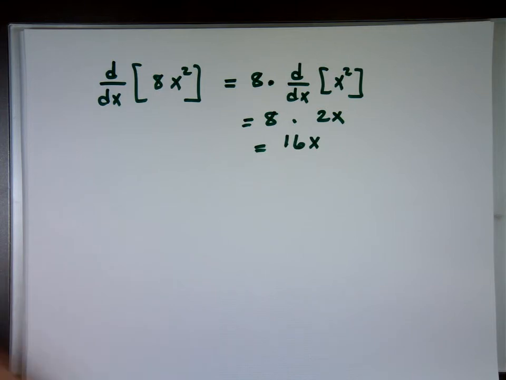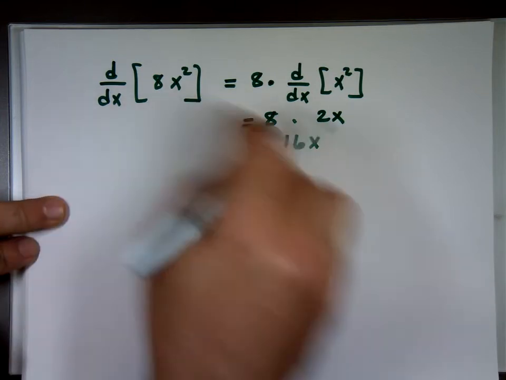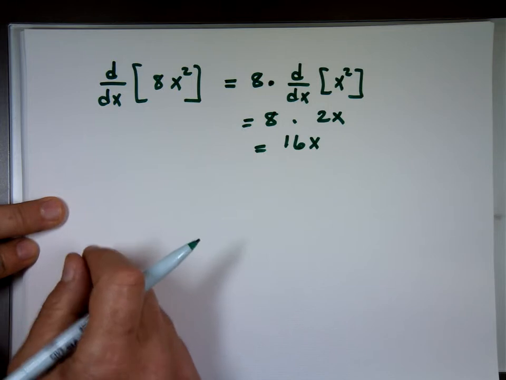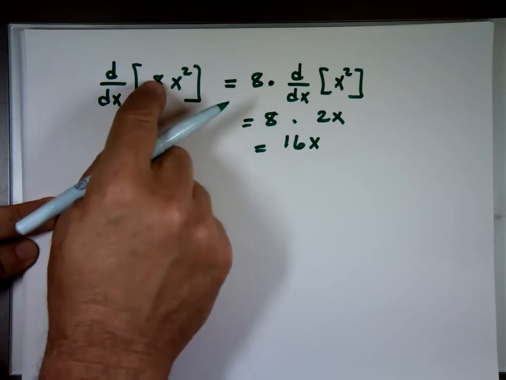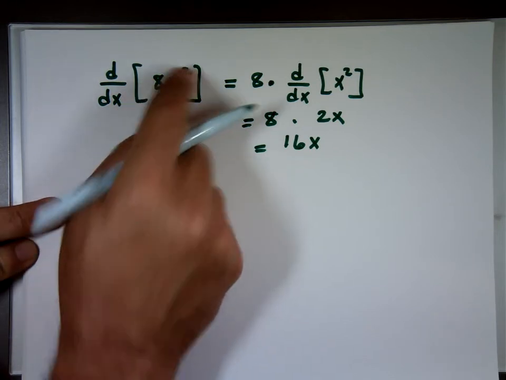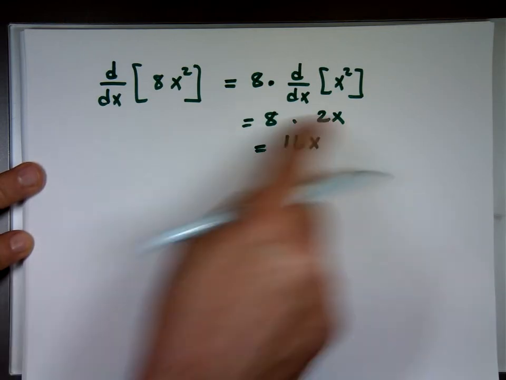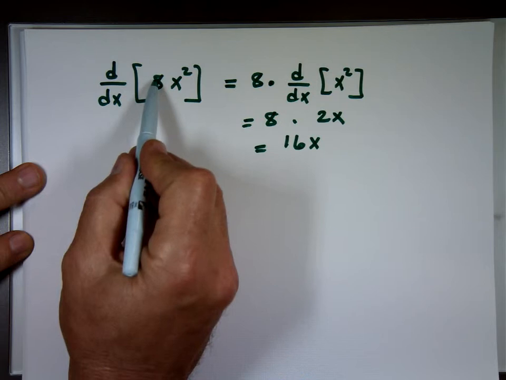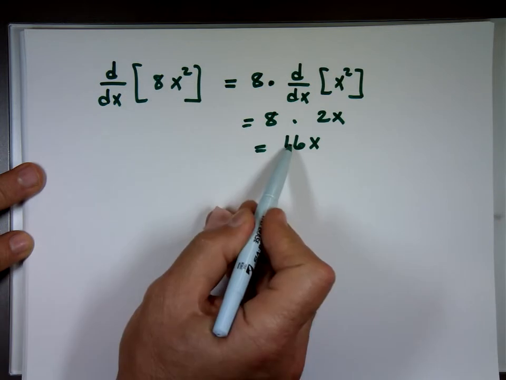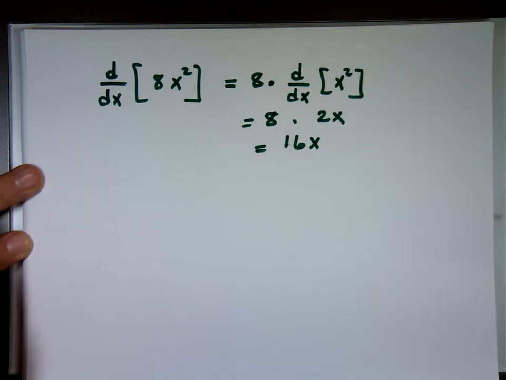Now, a lot of people don't want to go through these steps, so they do it in one shot. What's 8 times 2? 16. And subtract 1 from the power. It's always going to be the same answer.